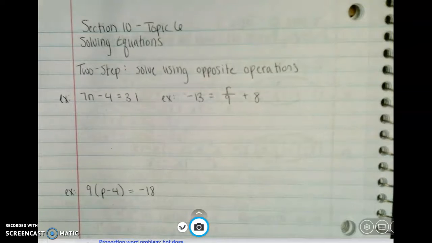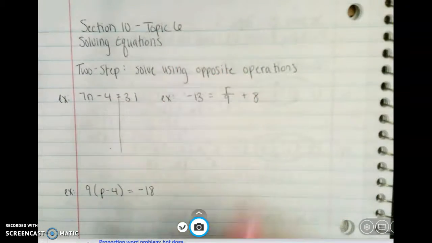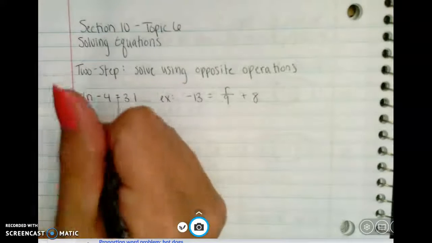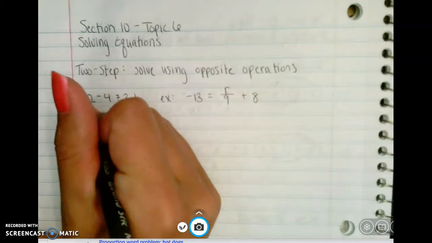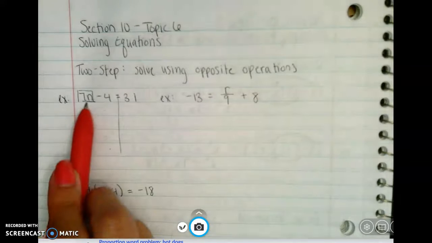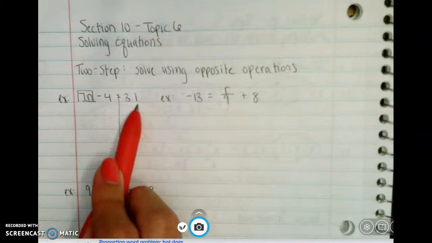So the first step to all of these is that we're going to split the problem through the equal sign. And when you need to move a number to the other side of the equal sign, you have to do the opposite. So we're looking at getting 7n by itself. So to get 7n by itself, we need to move this minus 4 to the other side of the problem.